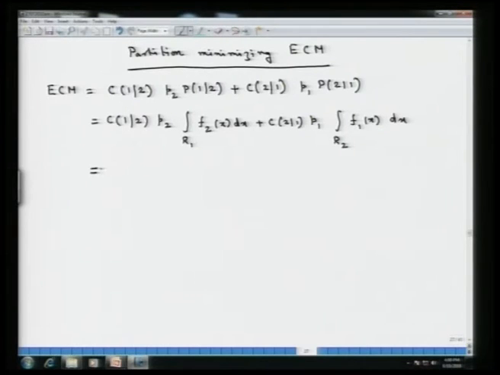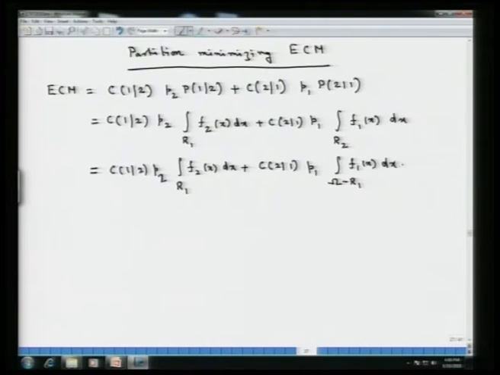Now, looking at this term, we can write it in terms of the complementary region of the first partition R1. The first term stays as it is, and the second term we can write over omega minus R1, that is the region R2, of f1(x) dx.